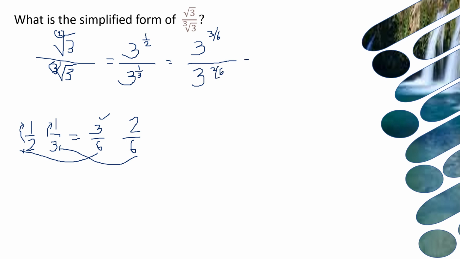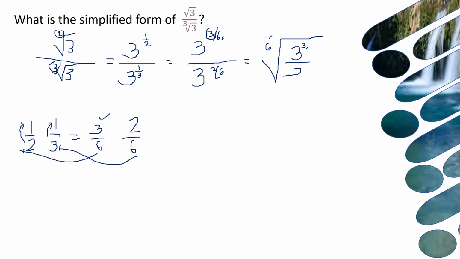Since they have the common denominator now, that is their index in our new radical expressions. So we can have 3 raised to 3 now. The numerator here becomes the exponent, and the denominator in this fractional exponent becomes the index. All over, we can nest them both inside the same radical.